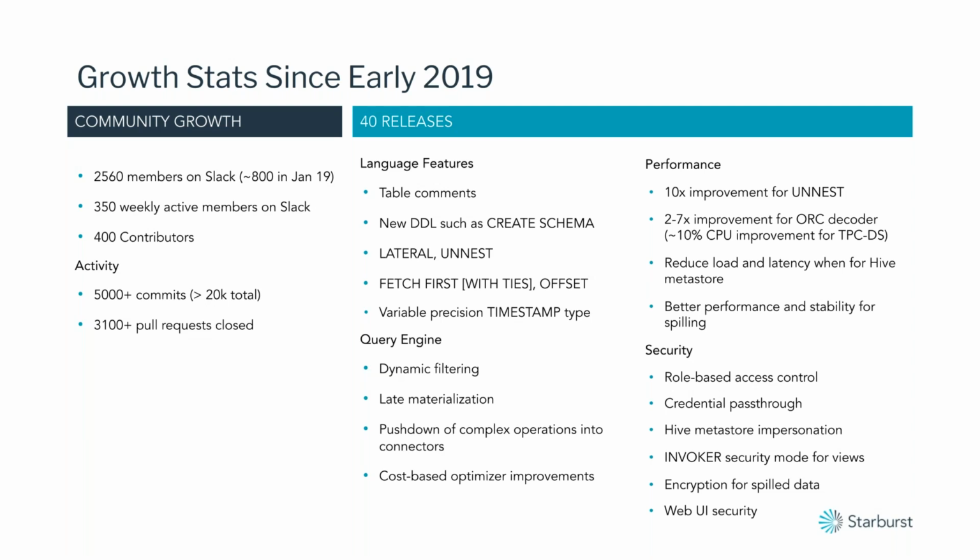Keep in mind, we started back in January 2019 with 800 people, so it has grown significantly. These are users, developers, and people interested in Presto, people that want to ask questions, which, by the way, is a good place to be if you want to engage with other users and developers. There are a lot of people interacting every day.